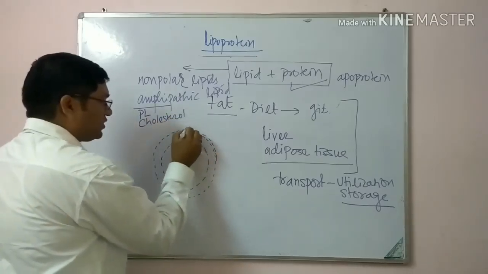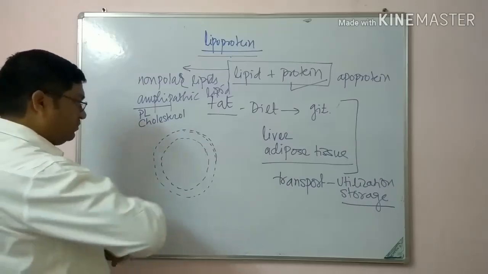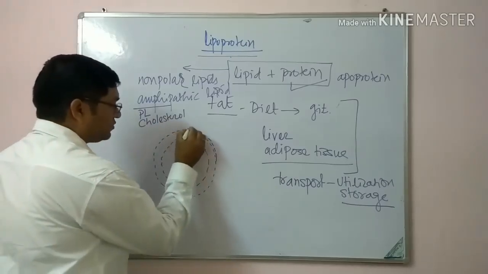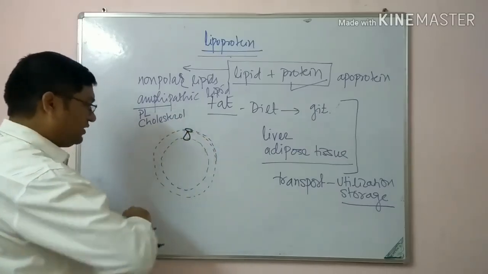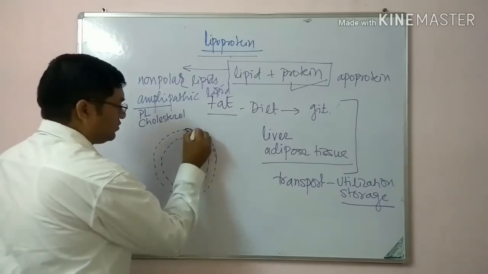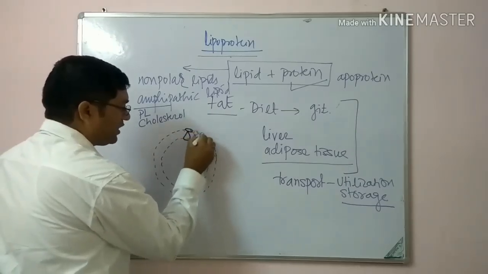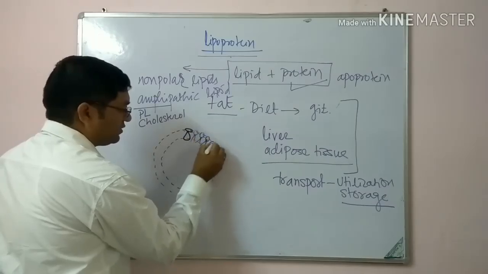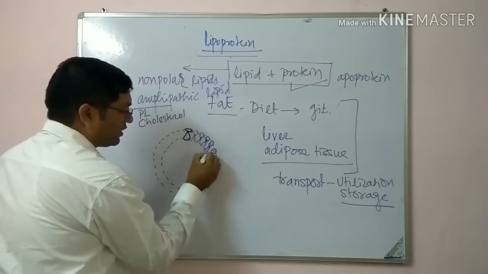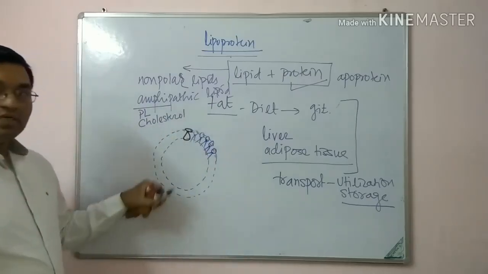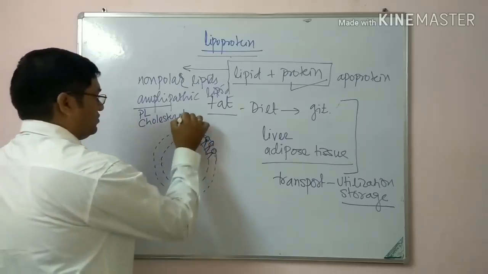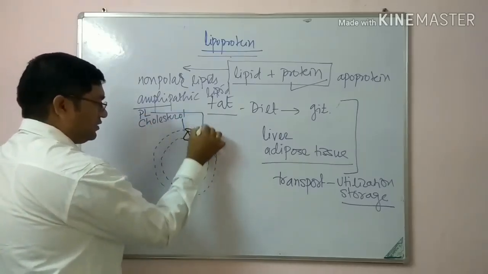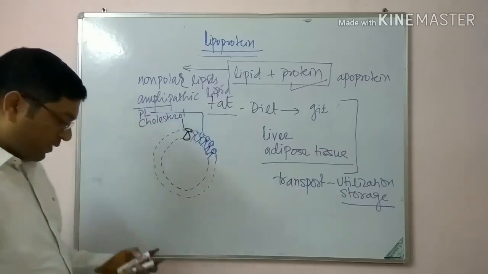So there is cholesterol in this layer, and this is a phospholipid with the polar head on the outer side and non-polar tail on the inner side. So this is cholesterol and this is phospholipid.